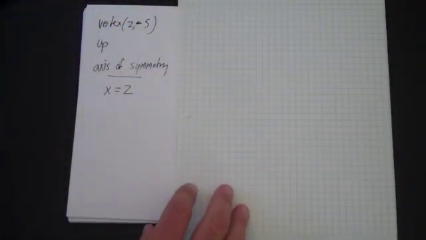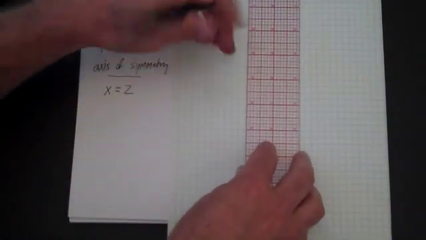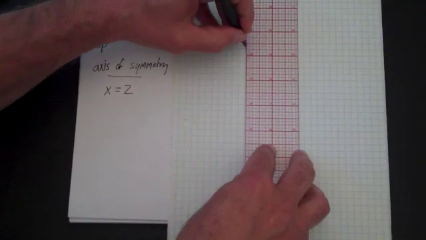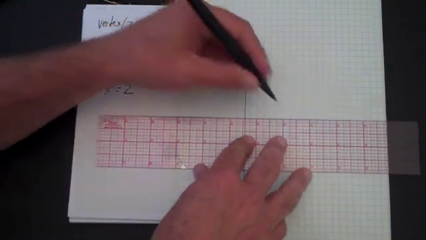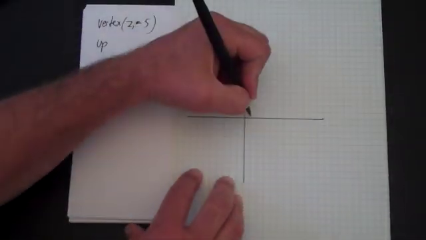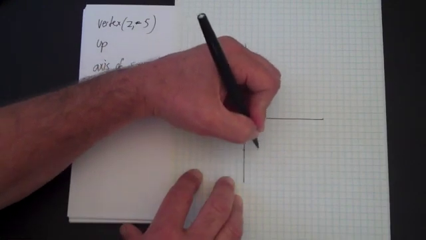Let's do what we know already. So let's graph the vertex. The vertex is 2, minus 5, so that's 1, 2, 1, 2, 3, 4, 5.